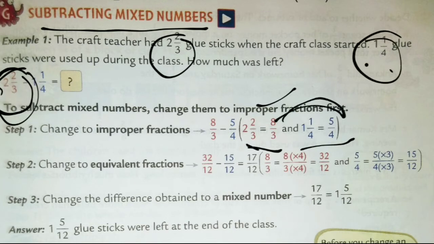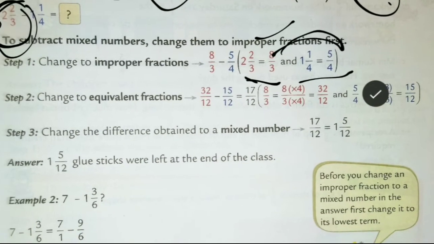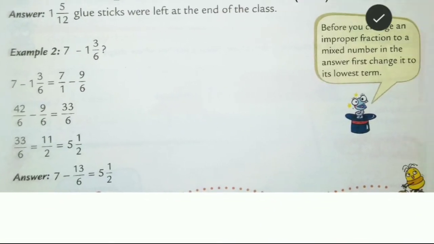Then we can solve with the help of taking the LCM. Same here, 7 minus 1 3 by 6. 7 we can write as it is, 7, or if you have a problem you can put denominator 1 here. Okay, then 6 ones are 6, plus 3 is 9. So this 1 3 by 6 we can write as 9 by 6.